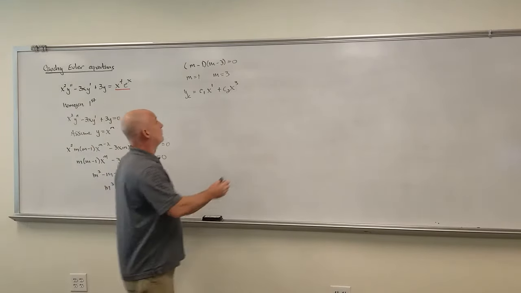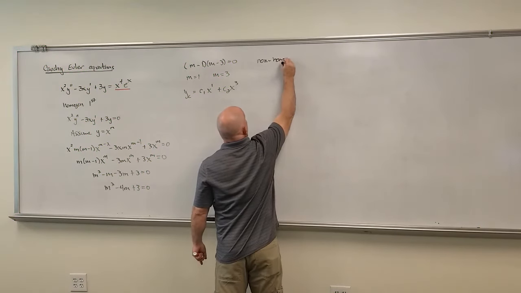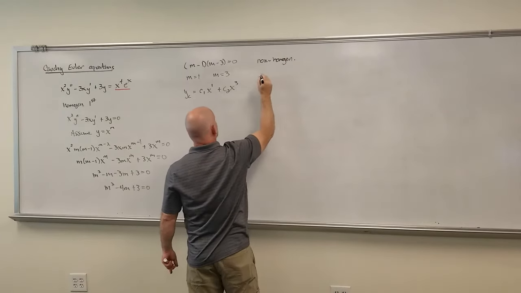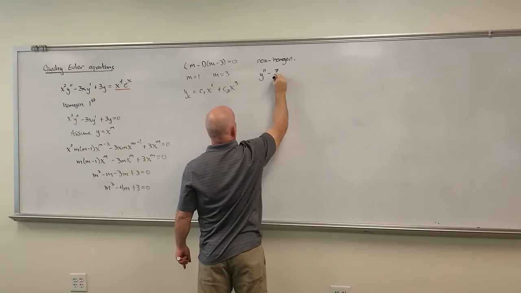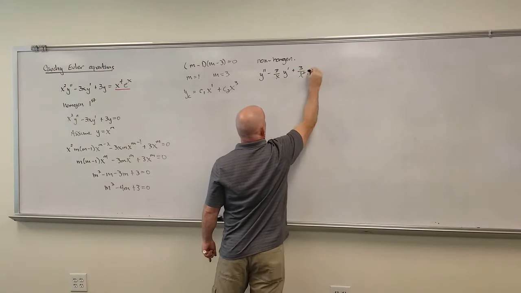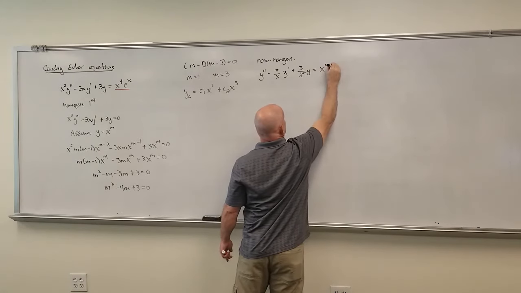So if we divide through, for the non-homogeneous, I'm going to go ahead and divide through so we see what our function is: y double prime minus 3 over x y prime plus 3 over x squared y is equal to x squared e to the x.